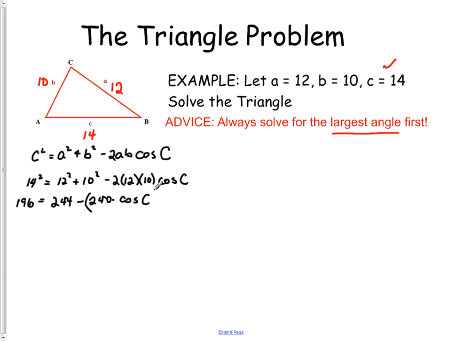You're subtracting the entire quantity of 240 times whatever the cosine of C would be. So by using our order of operations, we would really have to subtract 244 from both sides, on both the left and the right.